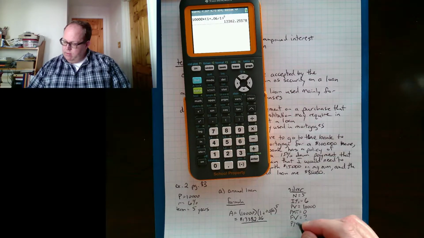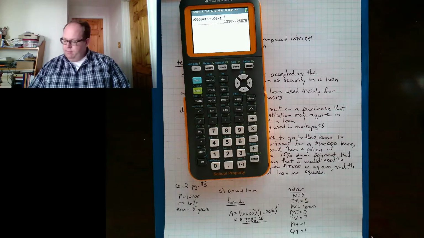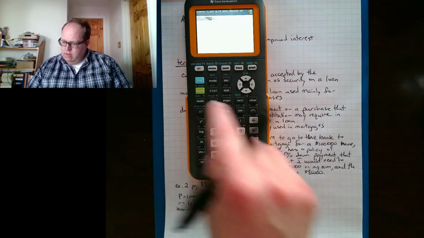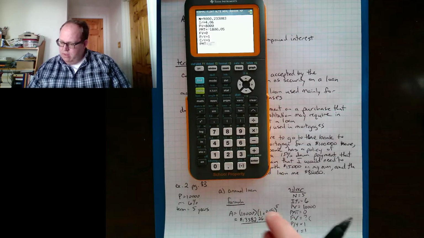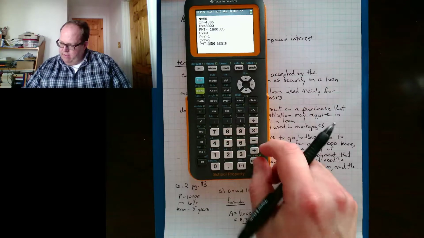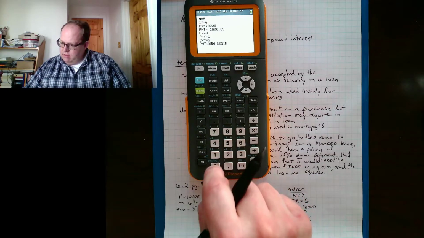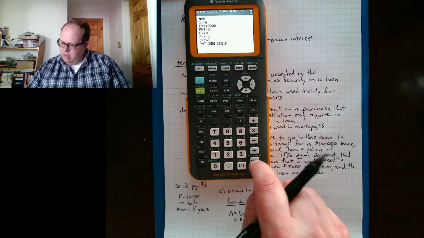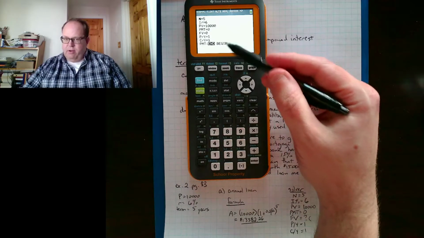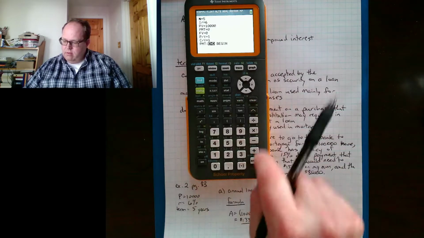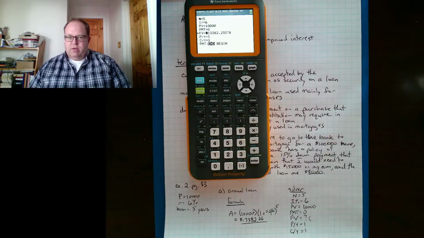And 1 period per year. And if I go ahead and solve that, under finance in the solver, 5, 6, 10,000 with no regular payments, 1 pay period and compounding period per year. Solving on that, 13,382.26.